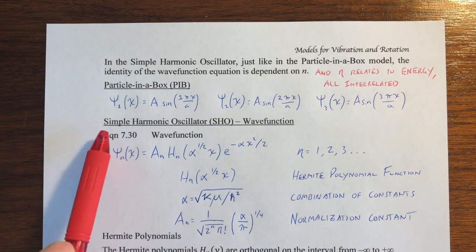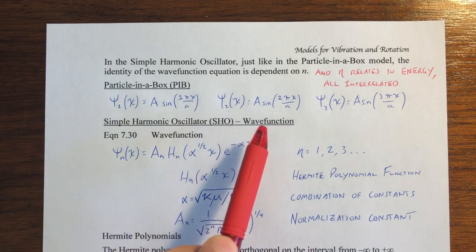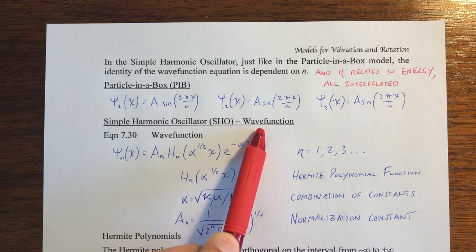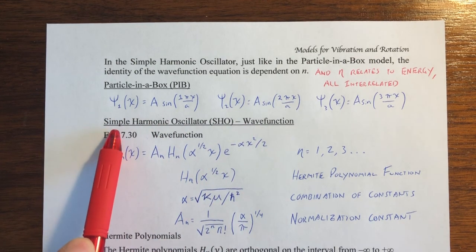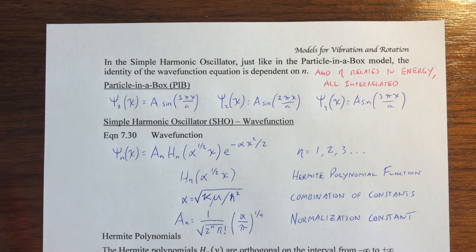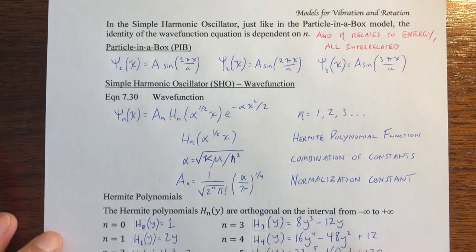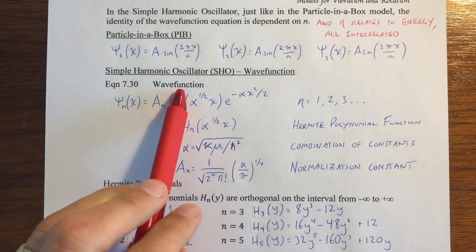Now, in the simple harmonic oscillator model, our wave function is going to change based on our n value. And even though the word simple is here for our model, these wave functions are anything but simple. So here we have equation 7.30, our wave function.